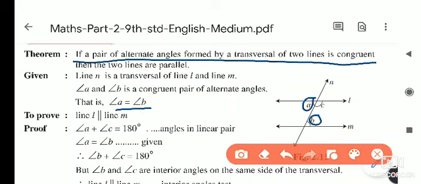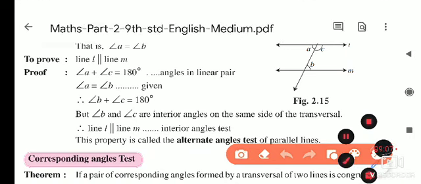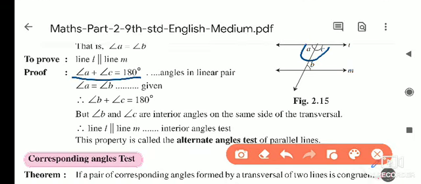So for that, see here, angle A plus C. As we know, angle A plus C is equal to how much? Its measure is 180 degrees. Okay, and angle A is equal to B. Angle A is equal to B, it is given as part of the statement.